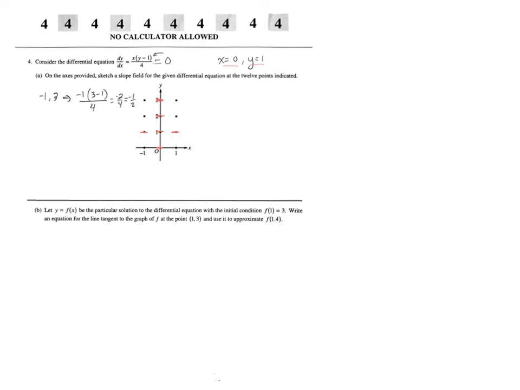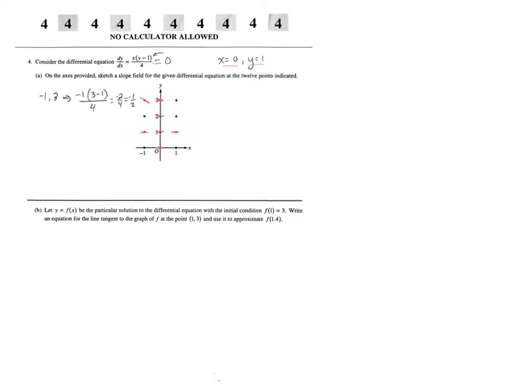So we need to demonstrate a slope of negative 1/2, which of course means we'd be going down 1 and over 2. So starting at this point, we aim toward that point over there, which would be a slope of negative 1/2. I'm going to draw that slope in there, and we're good to go.